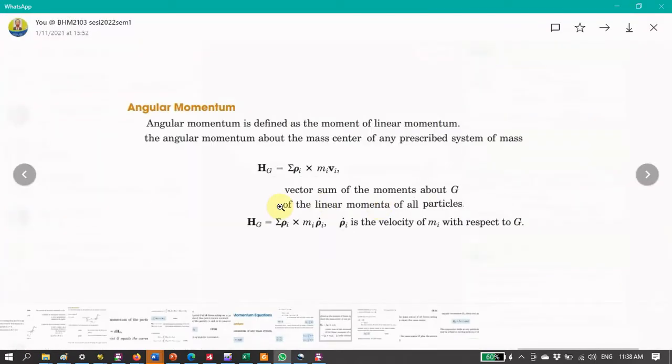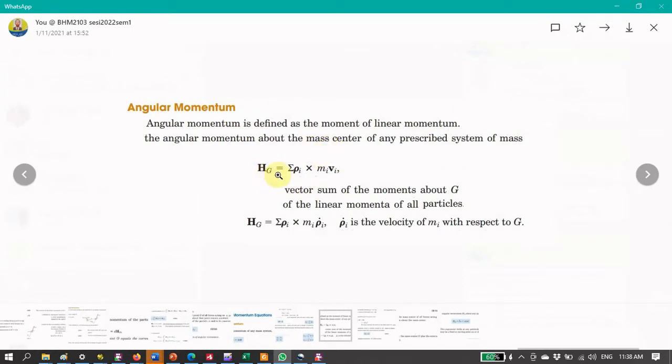Now we look at how to derive the angular momentum for a rigid body, right? So we start with the fundamentals first. Angular momentum, as we mentioned before, is given by the symbol H, and we are looking at the angular momentum about the mass center.